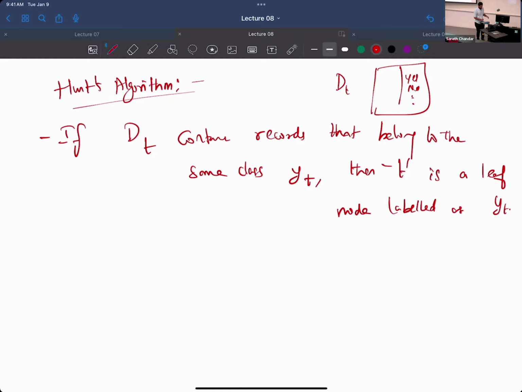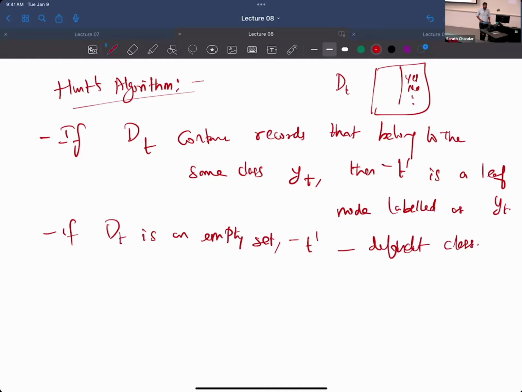Similarly, if Dt is an empty set, let's say you keep splitting and at some point you reach an empty set of examples, then you can set t to be some sort of default class.